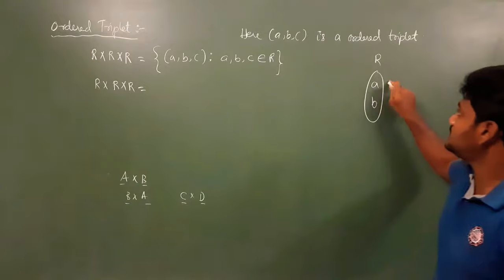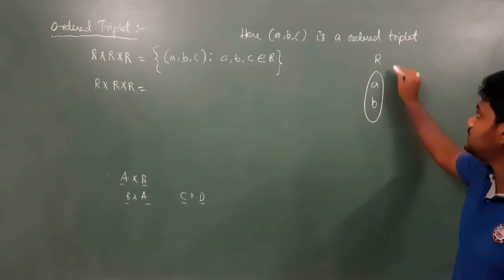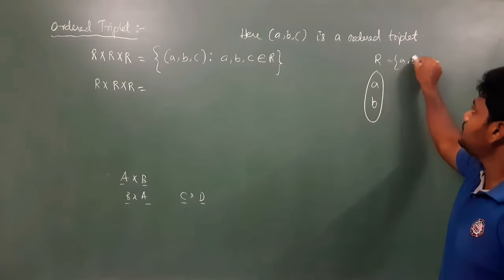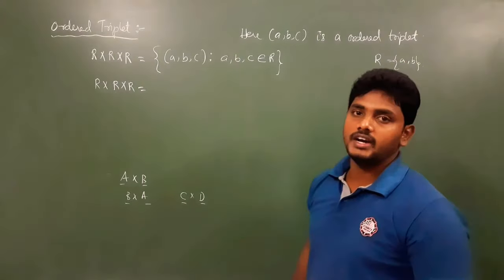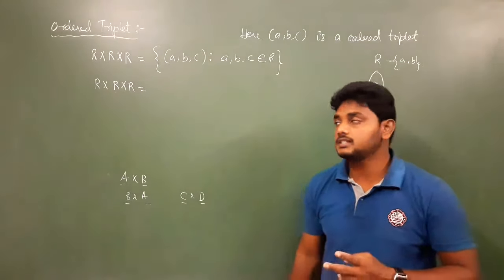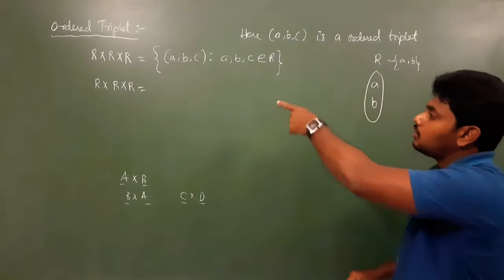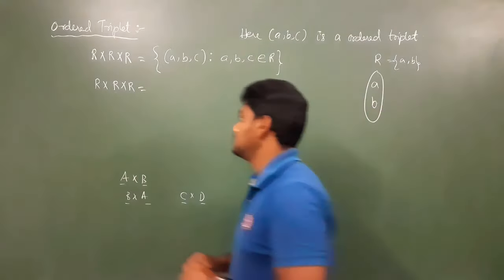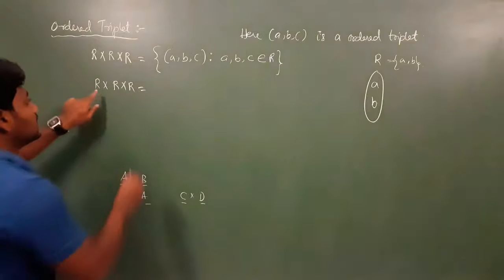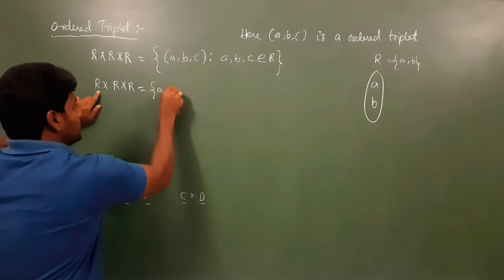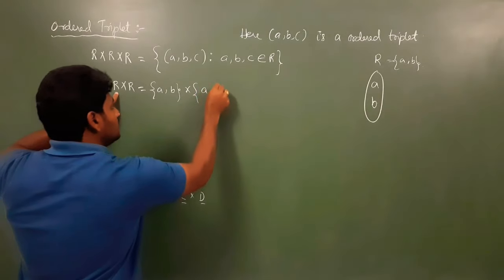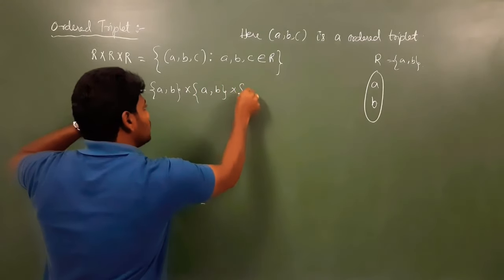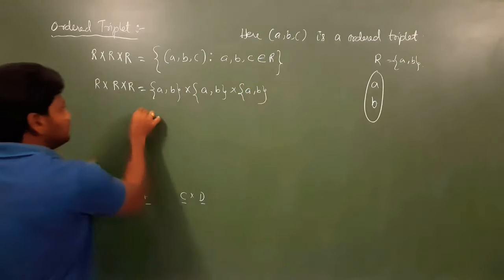Now by using this set R is {A, B}, find R cross R cross R. Before that we have found A cross B. If we have one set, how do we find R cross R cross R? What is R? R means {A, B}, right? Cross again R, which is again {A, B}.